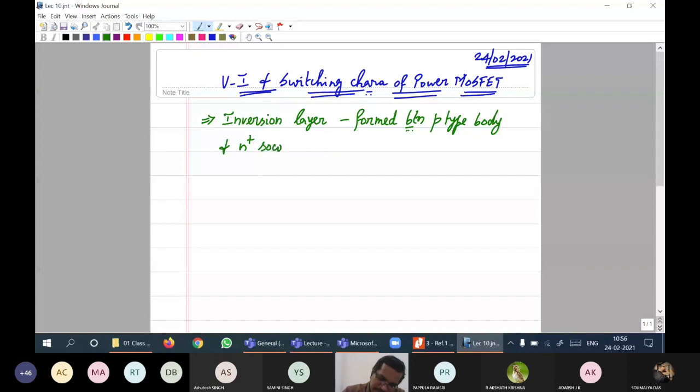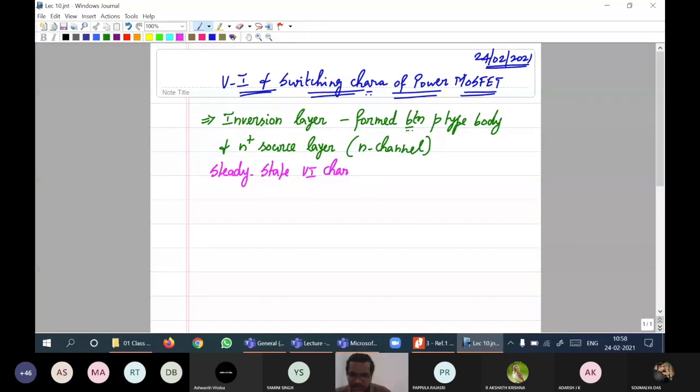Or we named this the N channel. This is what we did in the previous session. But inversion layer is a better and important term as well, so we try to remember that.